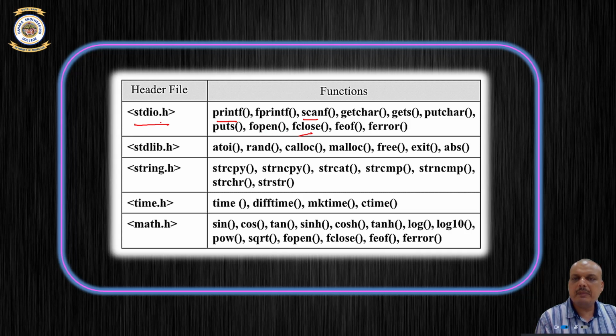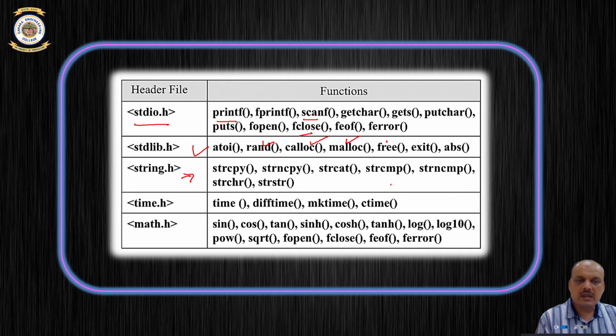As the name implies, these have functionalities associated with the standard input output devices of the hardware. Then we have the standard library, which has functions like random number generation and allocation of dynamic memory using malloc, calloc, and so on.